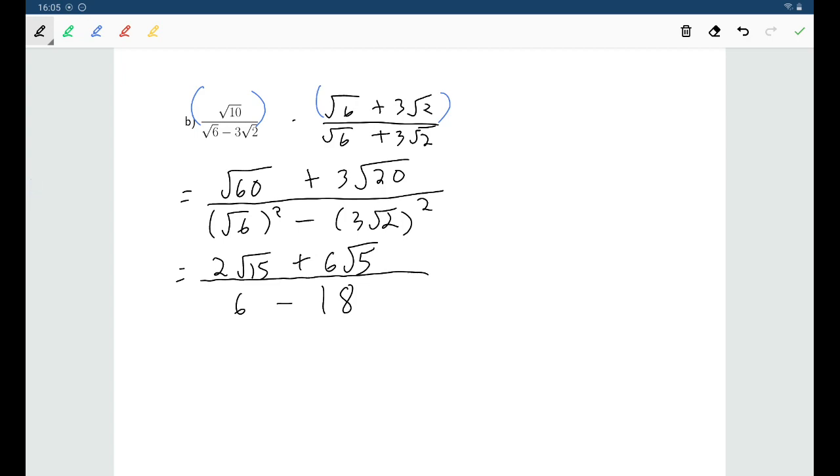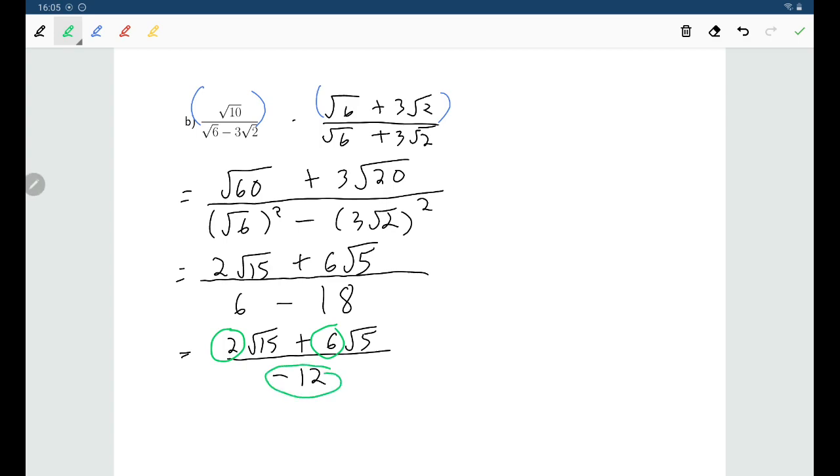I just need to clean up my denominator, and then we're pretty much finished. The denominator is negative 12. And now I can see that if I'm looking at the numerator, 2 and 6 are the whole number parts, and both of those numbers are divisible by 2.